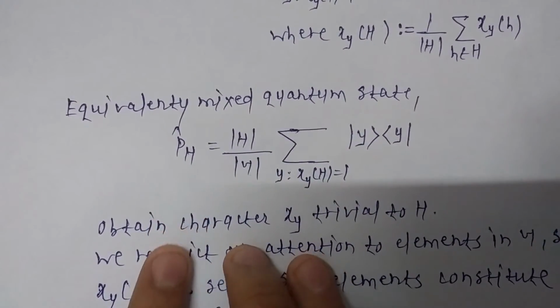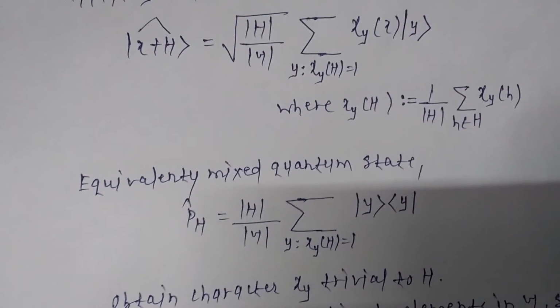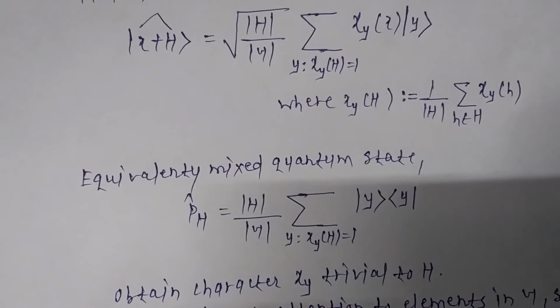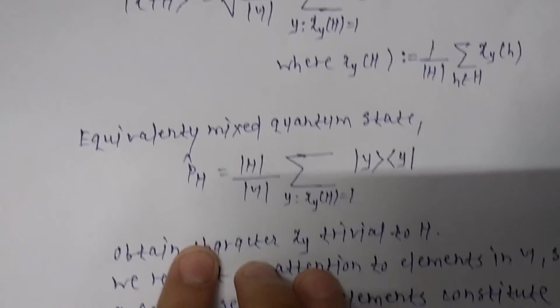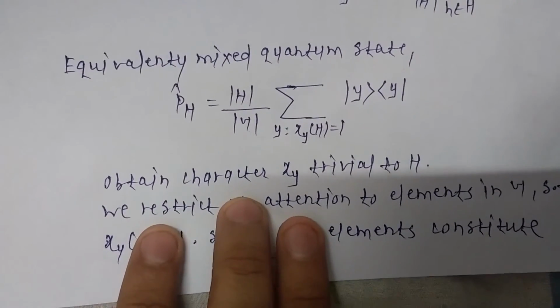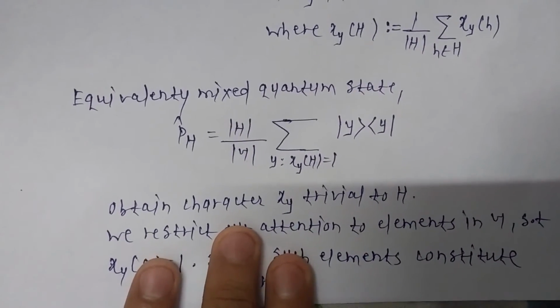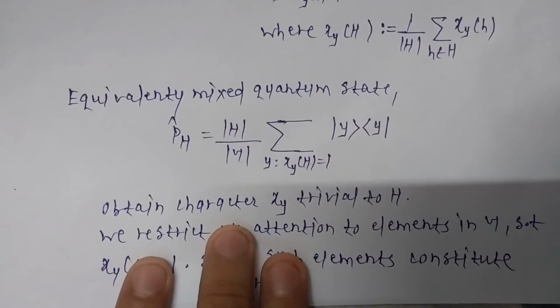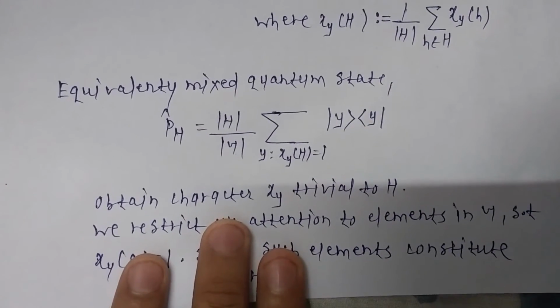Applying the QFT is the right thing to do because the state rho H is G-invariant. In other words, it commutes with the regular representation of G. So the mixed quantum state will be equal to mod H divided by mod G, times the summation of the qubits of y, where chi_y of capital H should be equal to 1.